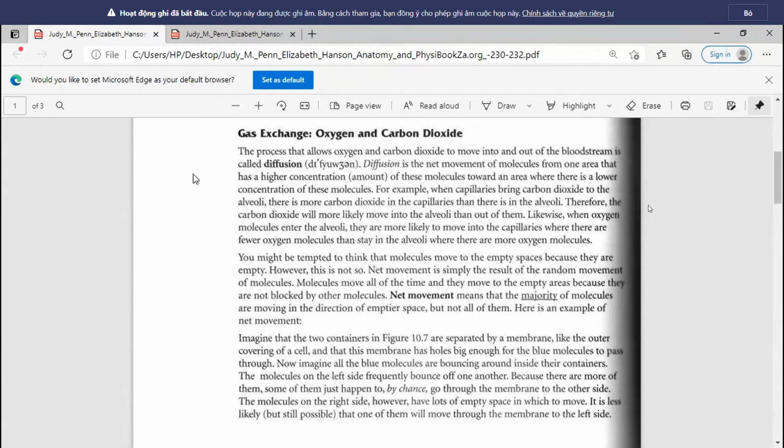For example, when capillaries bring carbon dioxide to the alveoli, there is more carbon dioxide in the capillaries than there is in the alveoli. Therefore, the carbon dioxide will more likely move into the alveoli than out of them. Likewise, when oxygen molecules enter the alveoli, they are more likely to move into the capillaries, where there are fewer oxygen molecules than stay in the alveoli, where there are more oxygen molecules.